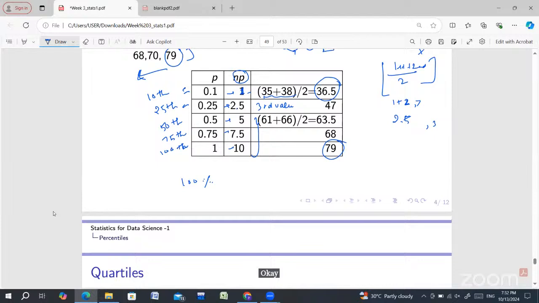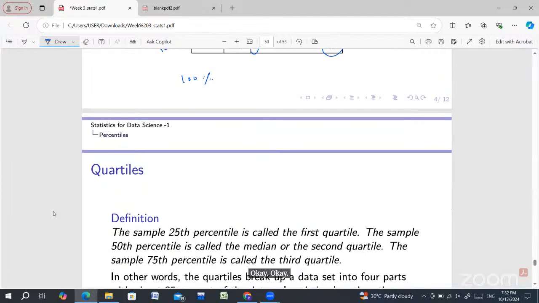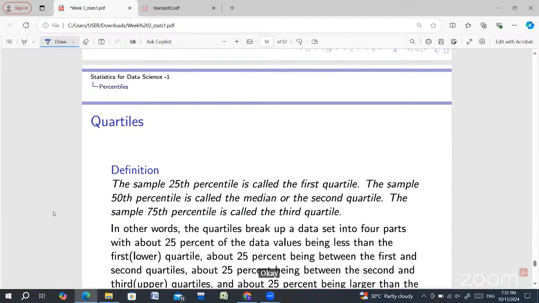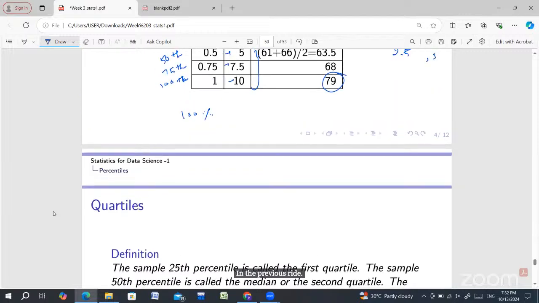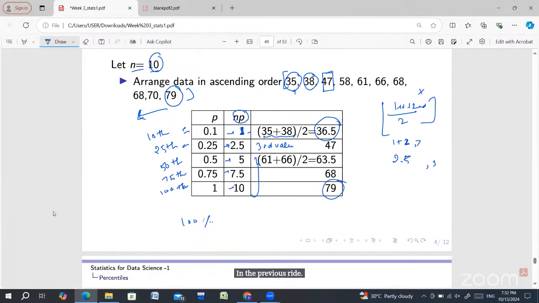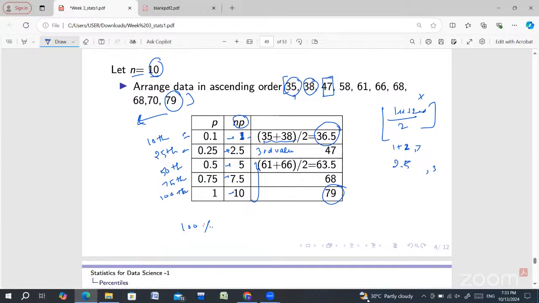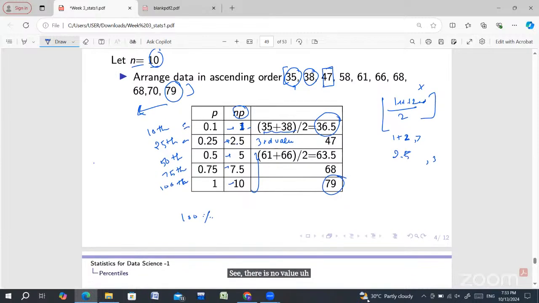Okay, so now we will study quartiles. Yes. In the previous slide, the 100th percentile is considered 79. Why? See, there is no value next to 79.